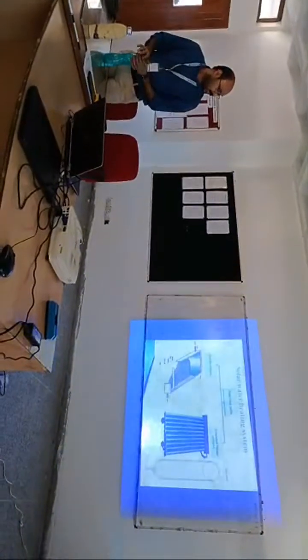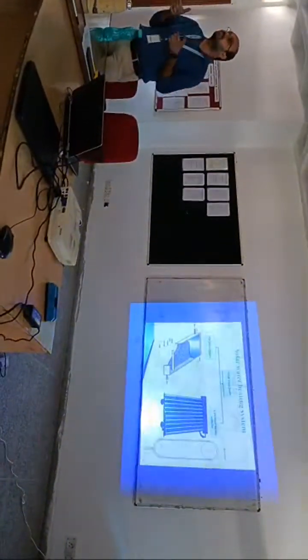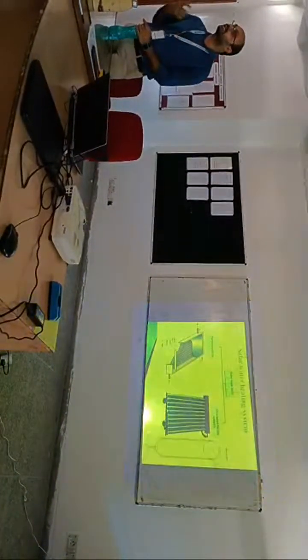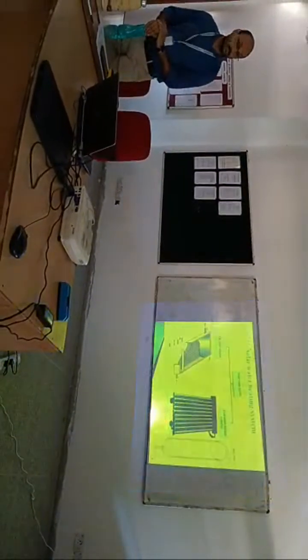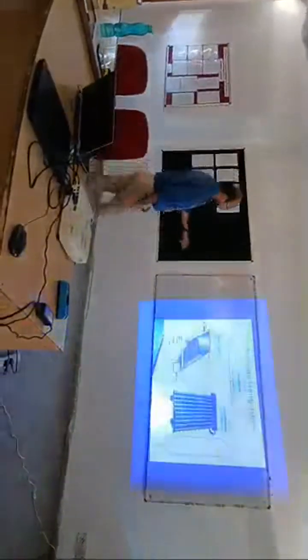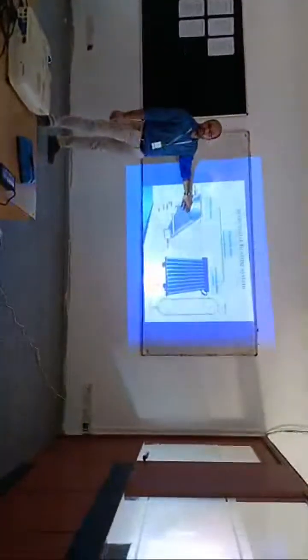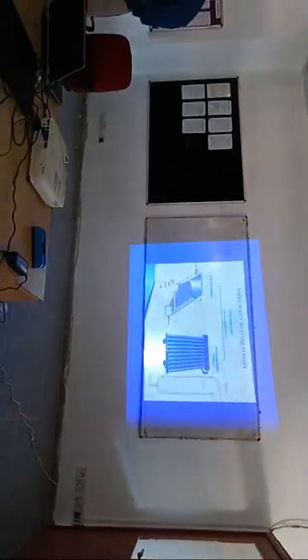Inside it, copper tubes of three different diameters are used. The upper one is known as the header, the lower one is the footer, and these are known as the risers.